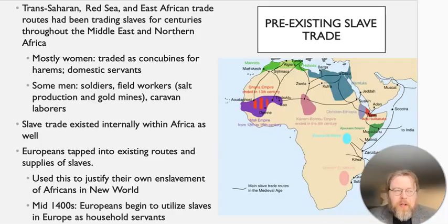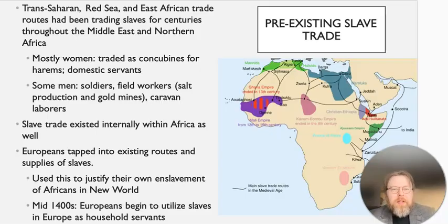Slavery has existed in almost every society in one way, shape, or form. Human beings kind of suck. Maybe Hobbes was sort of right there. We're always, or at least some of our species is always looking out for ways to essentially coerce, bully, or exploit other members of the species.